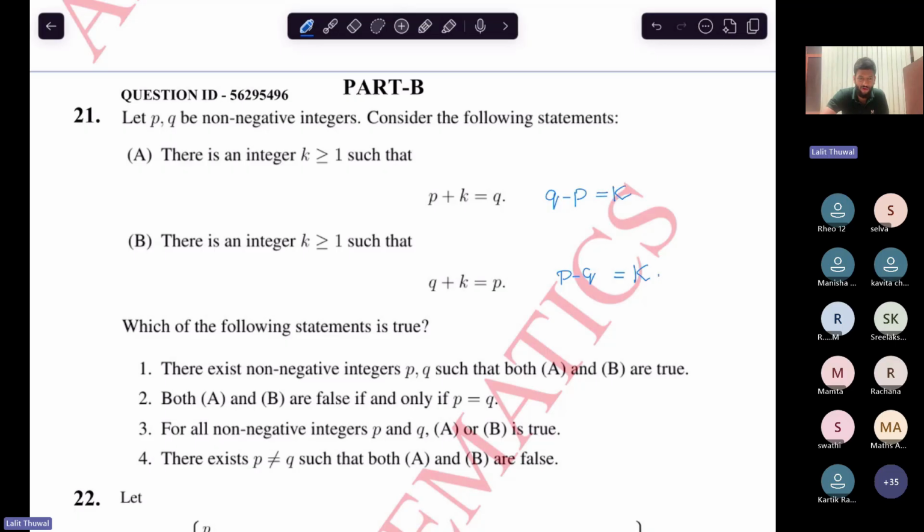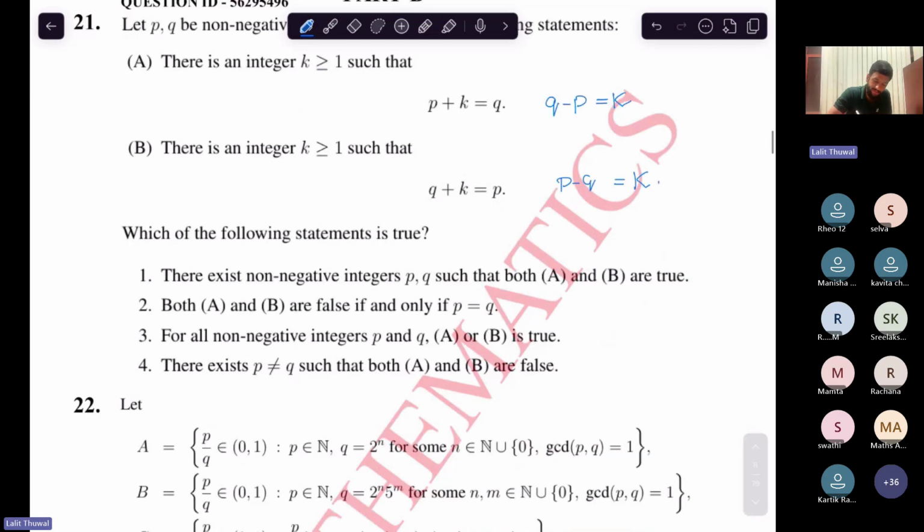C. So for all negative integers P and Q, A and B is true. Sorry, okay, B. Guljar says B. Okay, now if you see, Q minus P and P minus Q are negatives of each other, right? So let me leave this for you to solve, and move to the next one.